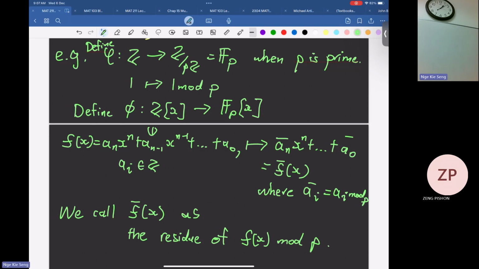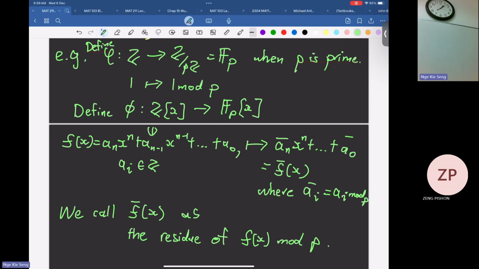So what can you do for the substitution? You can send your x to any element in your F_p. You can just do some evaluation, and when you do the evaluation, the coefficients here will get reduced mod p as well. Does that make sense?